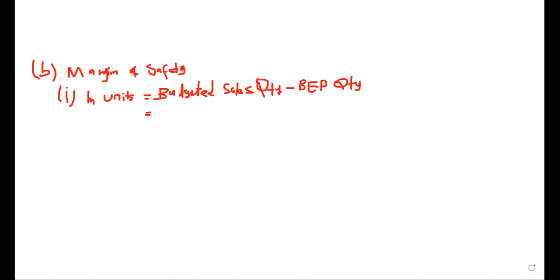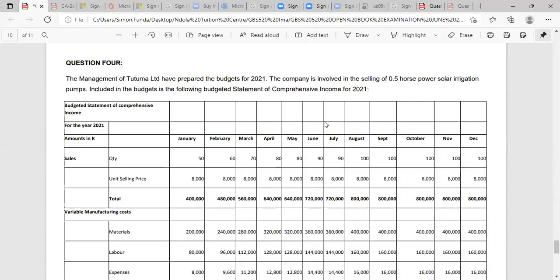I show you where budgeted sales are going to be taken from. So these are the budgeted units or quantity. This row quantity 50, 60, 70, 80, 88, 90, 100 up to December.